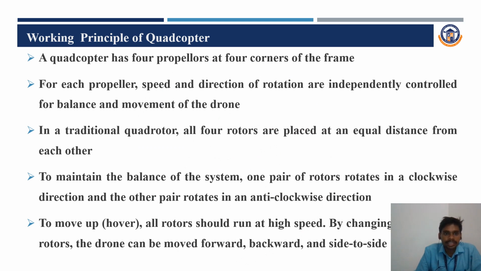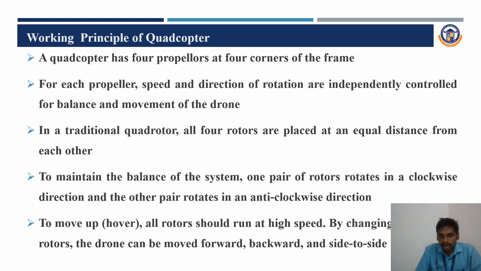We are now seeing the working principle of the quadcopter. A quadcopter has four propellers at the four corners of the frame. For each propeller, the speed and direction of rotation are independently controlled for balance and movement of the drone. Each propeller is placed at the same distance. In a traditional quadcopter, all four rotors are placed at equal distance from each other because aerodynamics plays the major role.